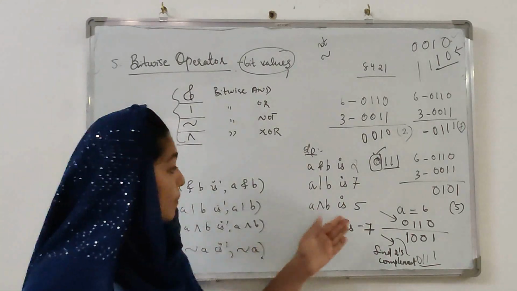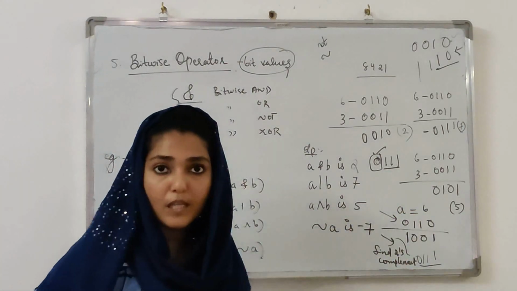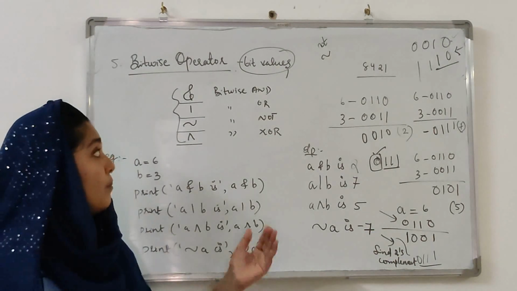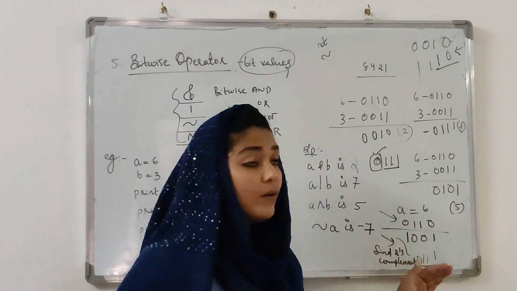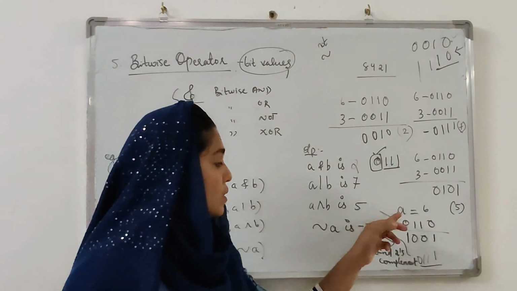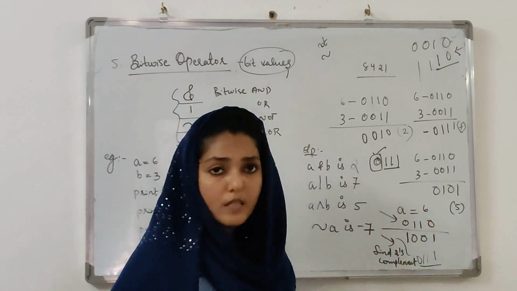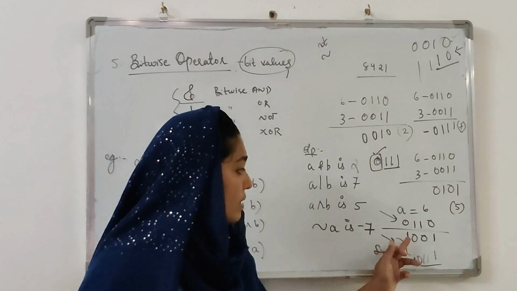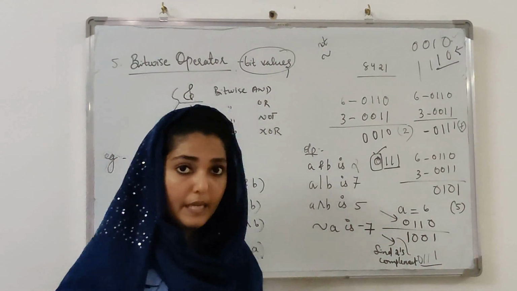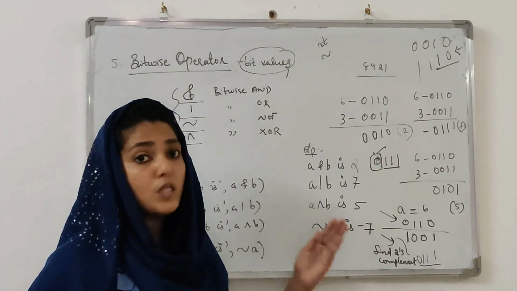So what is our input? Our input is A is equal to 6. And how can we perform the bitwise NOT operation? First of all, convert this 6 into binary form. What is its binary form? 0, 1, 1, 0. Then complement each of the bits, that is 1, 0, 0, 1. Then the next step is to find its 2's complement.